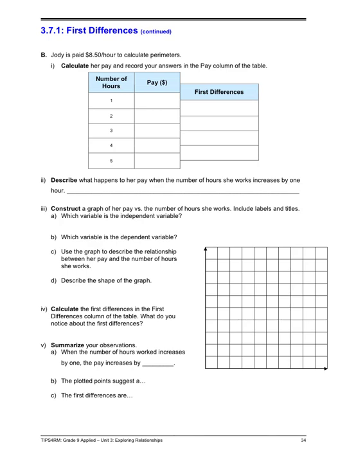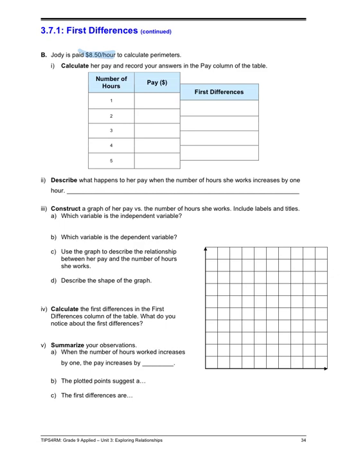Alright, here we are looking at problem number 2, or as it says on the sheet, problem B. In this problem, we're told that Jody is paid $8.50 an hour to calculate the perimeters. So she's paid $8.50 an hour in order to do the work we did for question A. We're going to start by filling in the pay based on the number of hours worked.